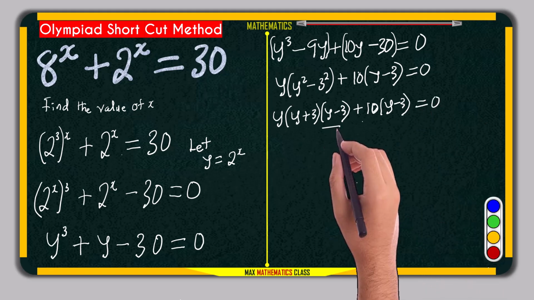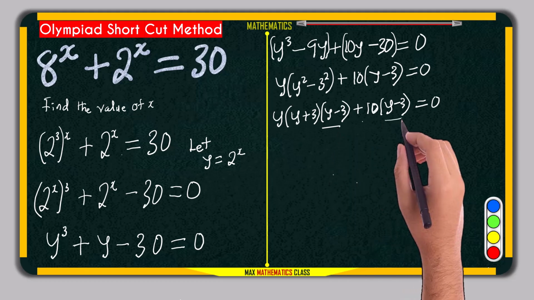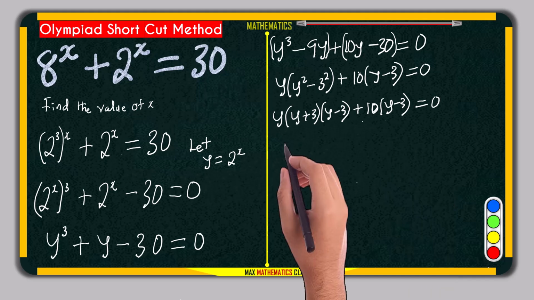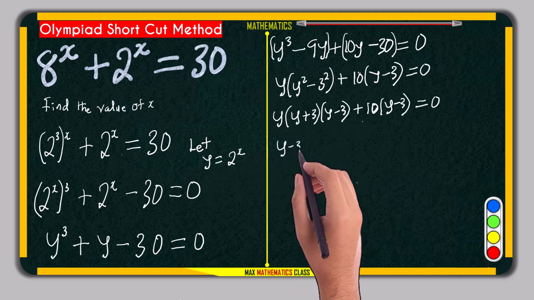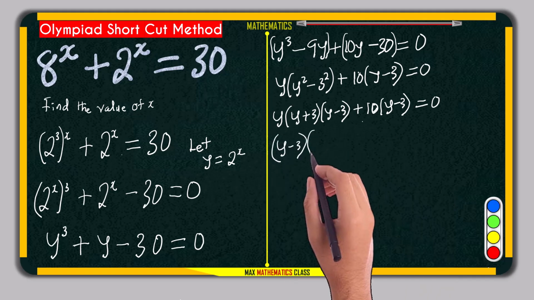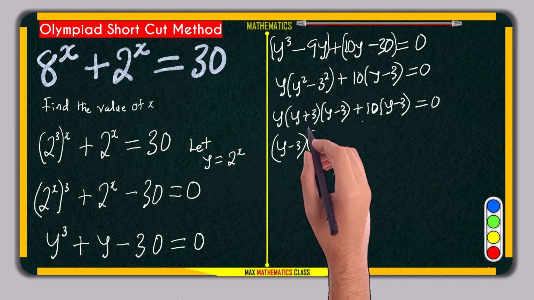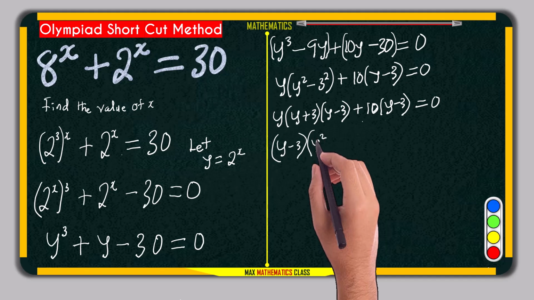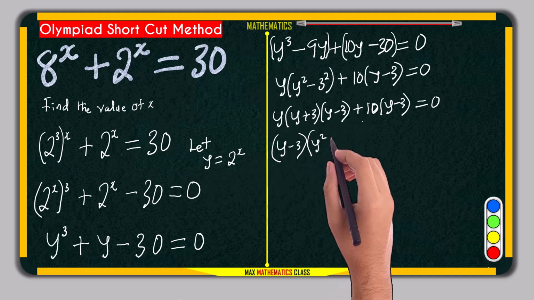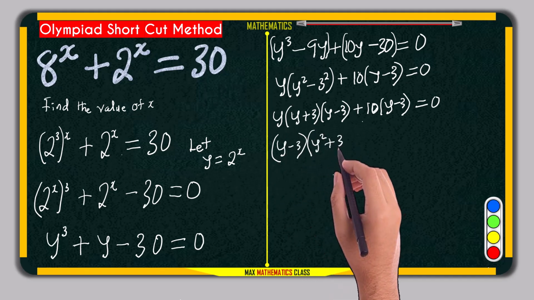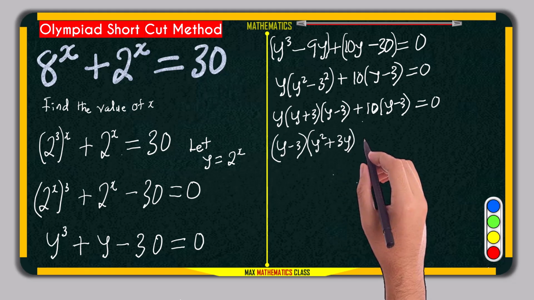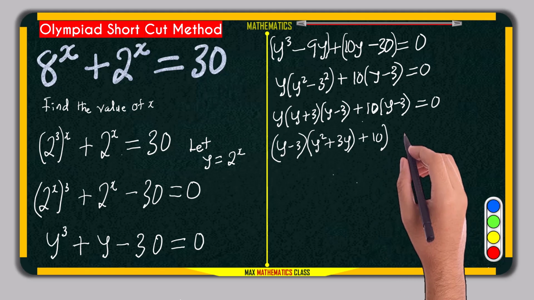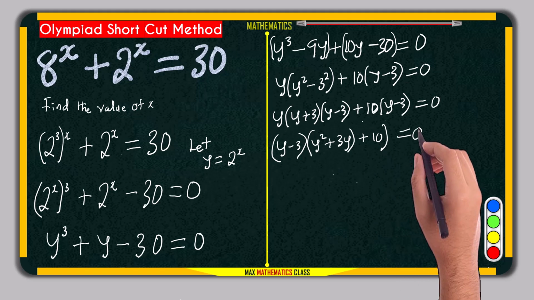Y minus 3 and y minus 3 here, they are common, so we have to factor them out again. So we now have y minus 3, then we are left with y and y plus 3. So y times this will give us y squared, and y times plus 3 will give us plus 3y, plus 10, then we close the bracket, equal to 0.